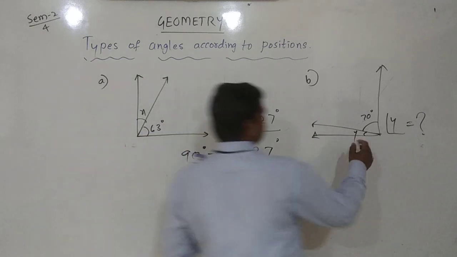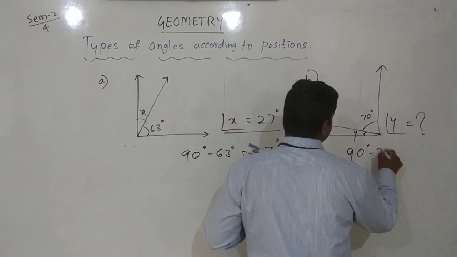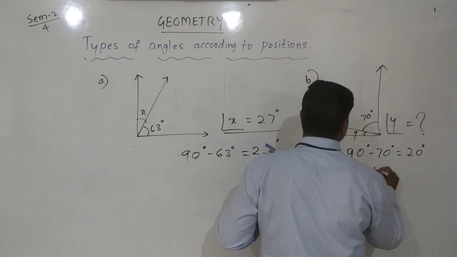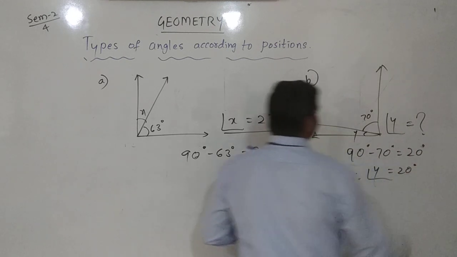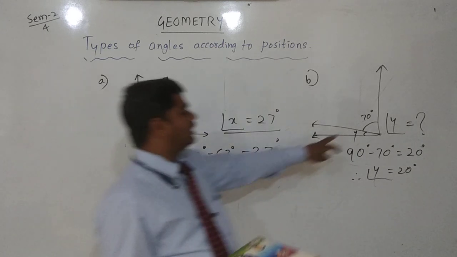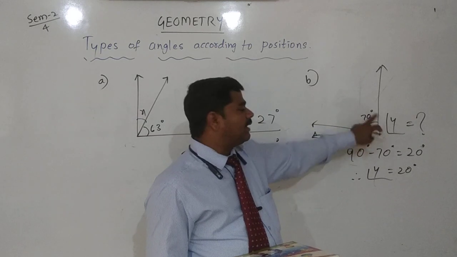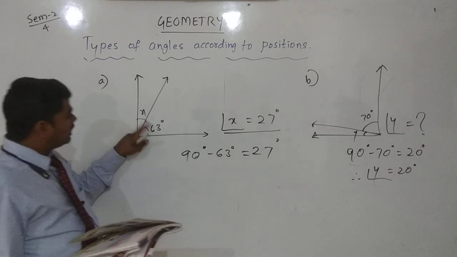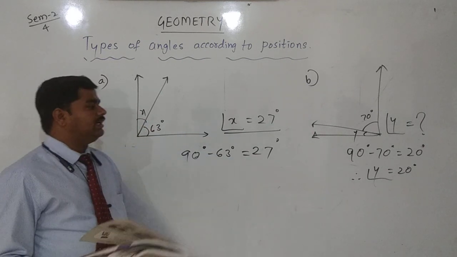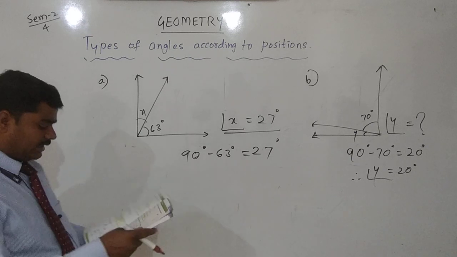Very simple. 90 minus 70, it is 20 degrees. Therefore y is equal to 20 degrees. You can find y equals 20. Why? It is together 90. Yes, 90 minus 70. Here it is together 90. 90 minus 63, then we get 27, and it is 20 degrees.